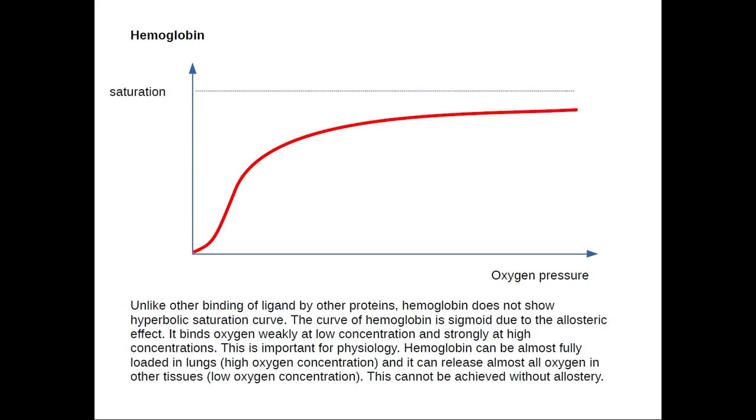Allostery means, or allosteric means, two different sites or different places in space, and it means that binding, in this case binding of oxygen to one subunit, influences through the shape of the molecule the binding of another oxygen to another subunit.